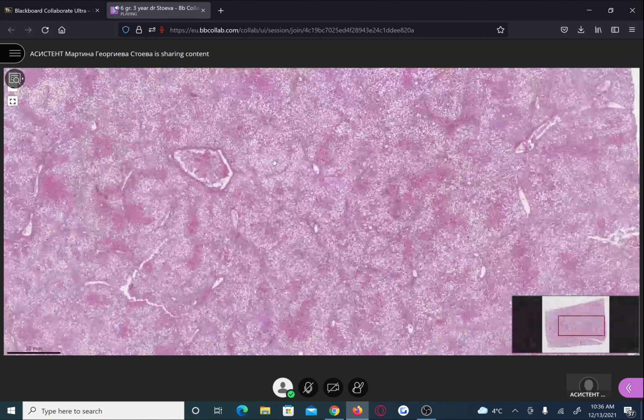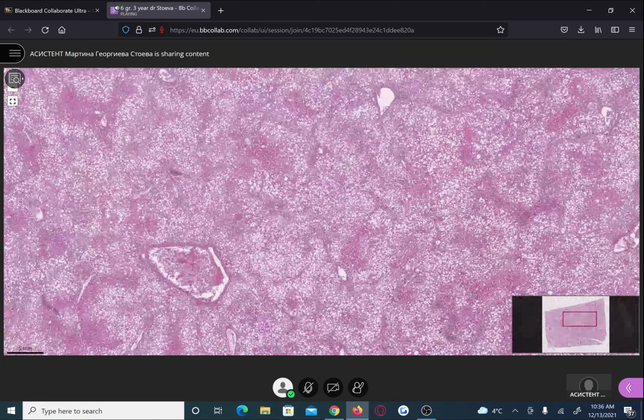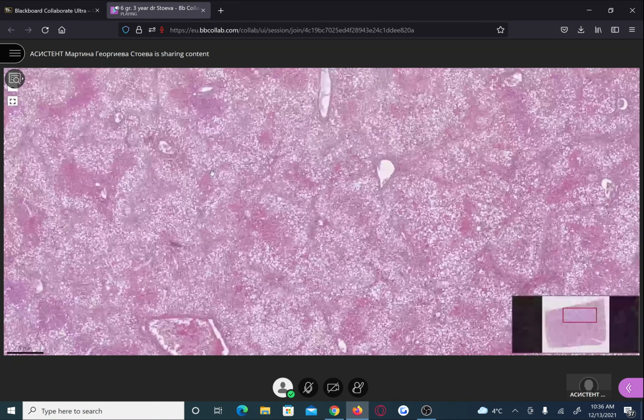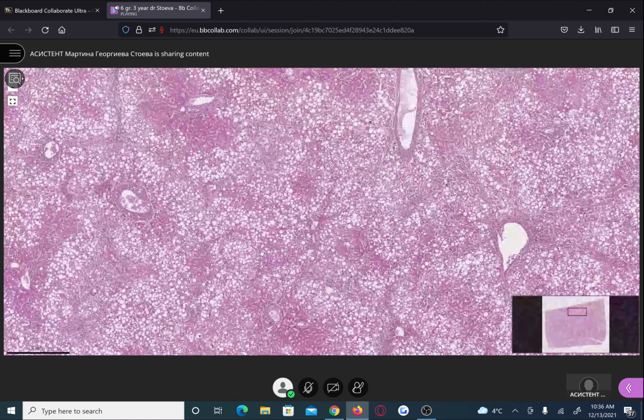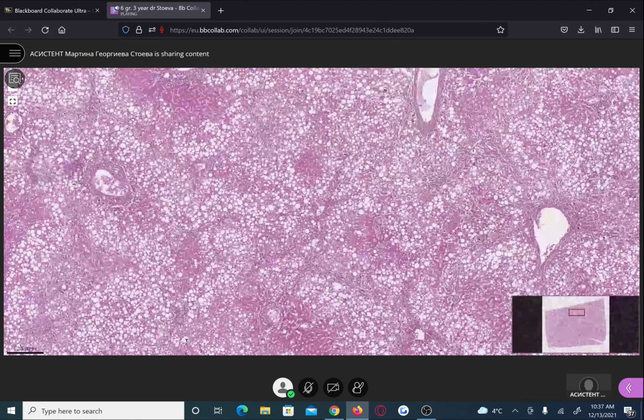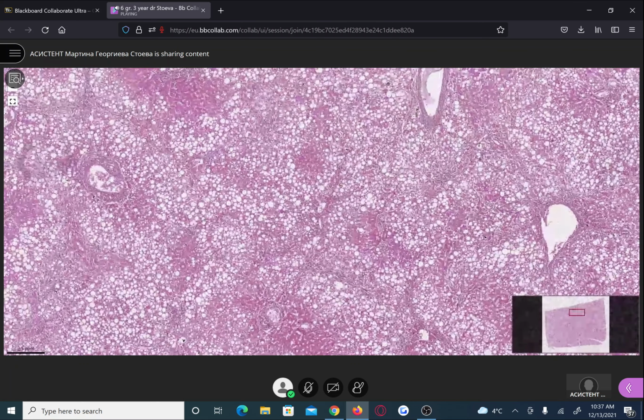But then to find some normal structures to confirm that this is a specimen from the liver, use the medium magnification and try to see some round to oval structures in which you can find several lumina, because these are the portal triads.